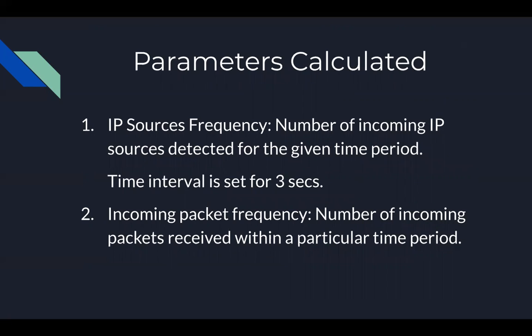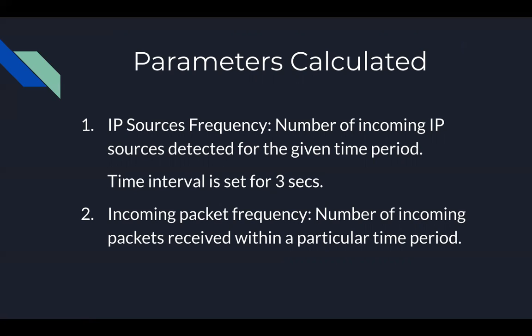IP source frequency is the number of incoming IP sources detected for a given time period, which basically means that if packets are coming from different IP sources, then for normal traffic, the number of IP sources for a given time period will be small. But if it is attack traffic, then the number of IP sources will be very large, because DDoS attacks happen from various different IP sources.